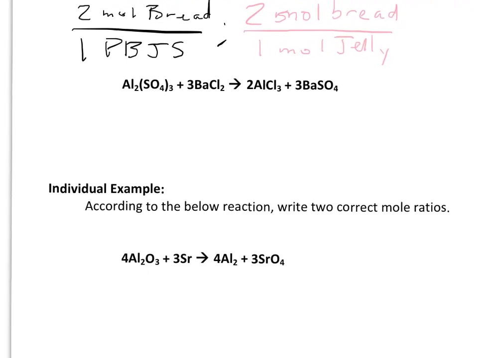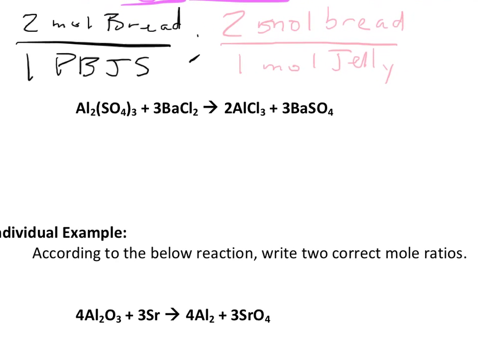Now we can scroll down to this example, which you can still write in your notes. And we have aluminum sulfate reacting with barium chloride. And you can see we have coefficients here. We assume there is a 1. We see a 3, a 2, and a 3. So let's write 3 molar ratios.